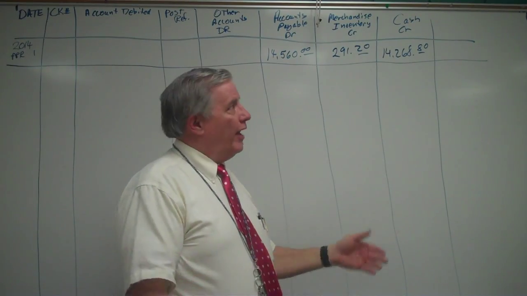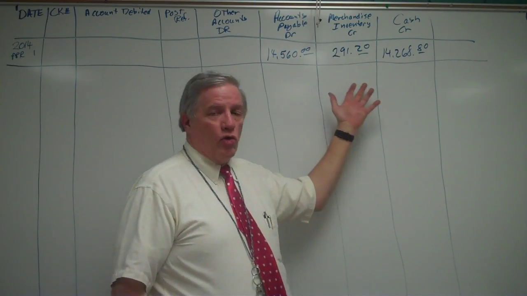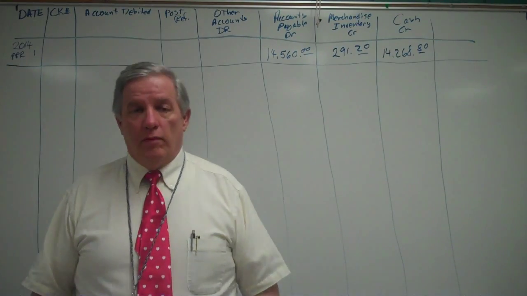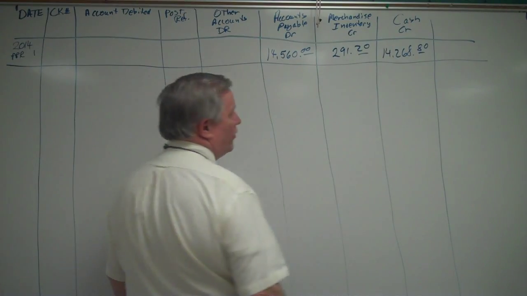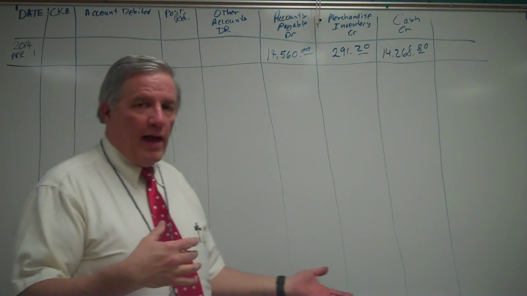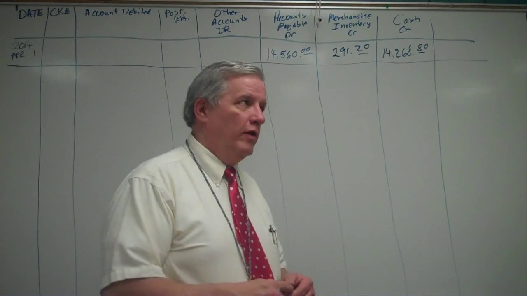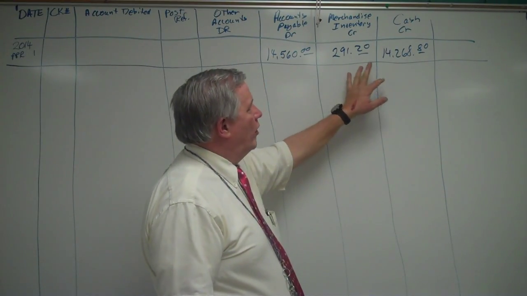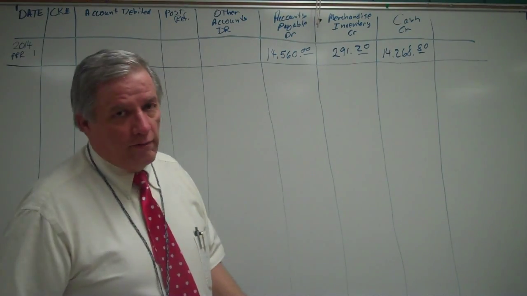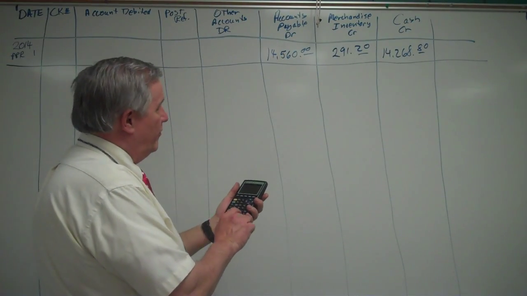I just got a discount. So I'm going to record the discount as a credit to merchandise inventory because the cost of my merchandise actually went down $291.20. Not because I sent anything back, but because I just had to pay less for it. So that's why we have the credit here. Credit to cash, credit to merchandise inventory. Both of those add up to the $14,560, and it's a good habit.